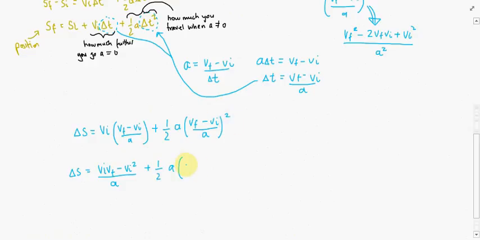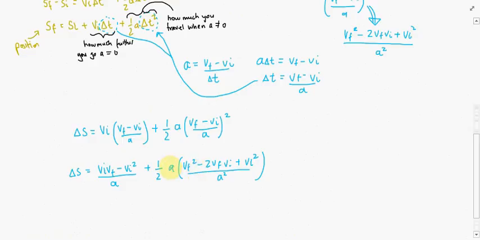So let me just write that out. Vf squared minus 2VfVi plus Vi squared, all of that over a squared. Nice. Looks horrible, right? Okay, let's try and clean this up a little bit.